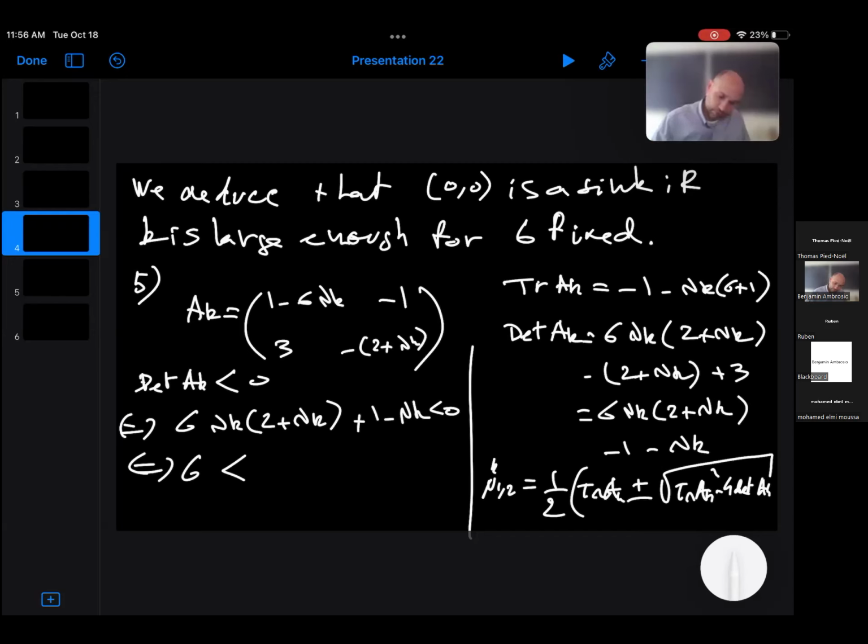So it's minus 2 plus 3, it's plus. Okay. So sigma less than (lambda_k minus 1) divided by lambda_k times (2 plus lambda_k).